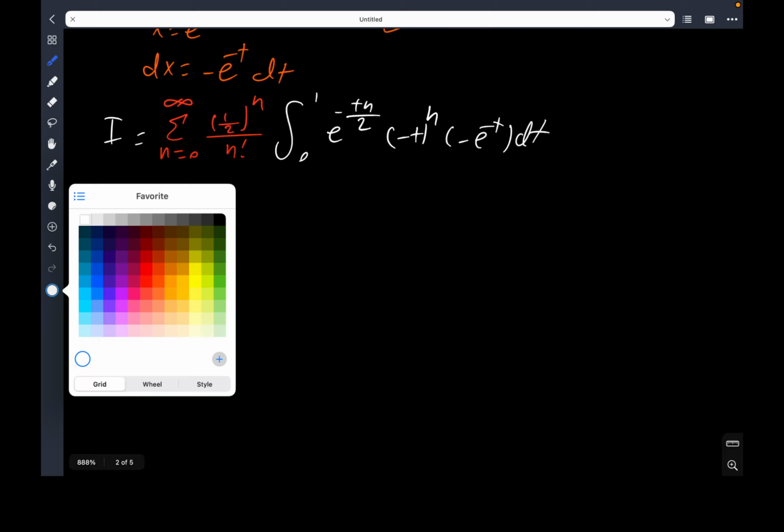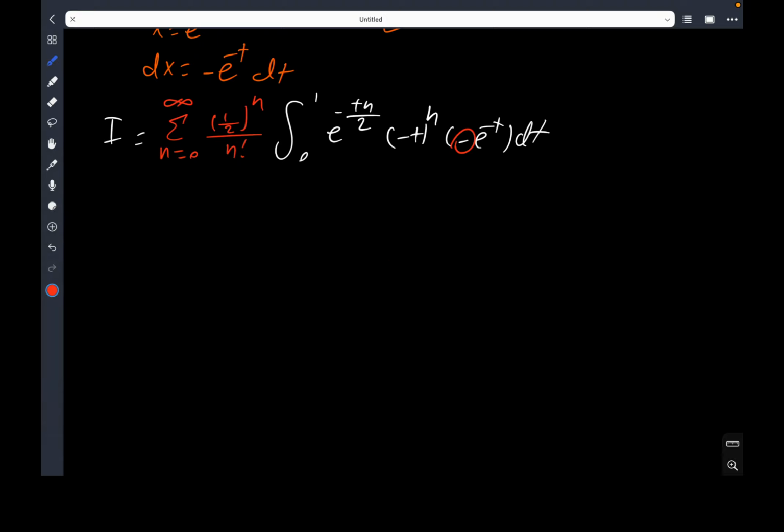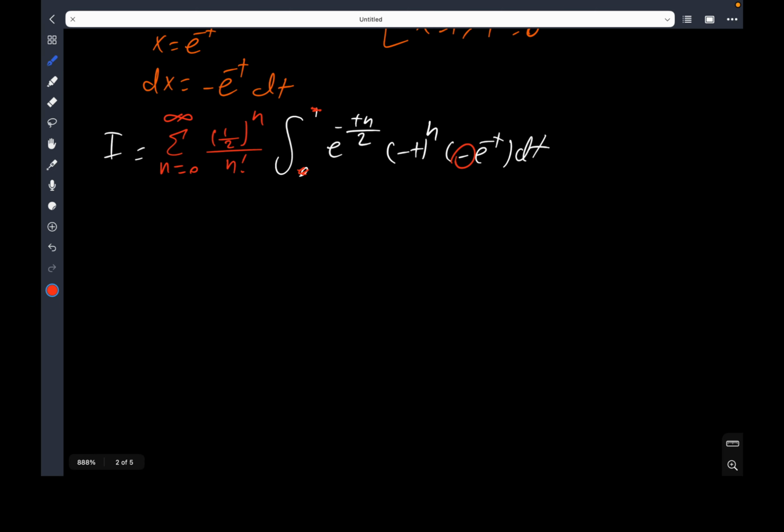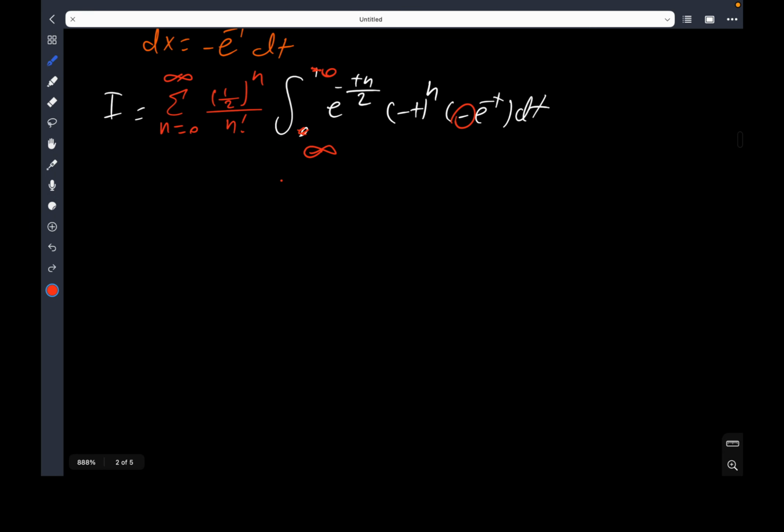Notice how this negative sign here can change the bounds of my integral, and I forgot to change the bounds here. It's actually going to be infinity to 0, and this negative sign is going to get absorbed into this integral, and it's going to reverse the bounds.